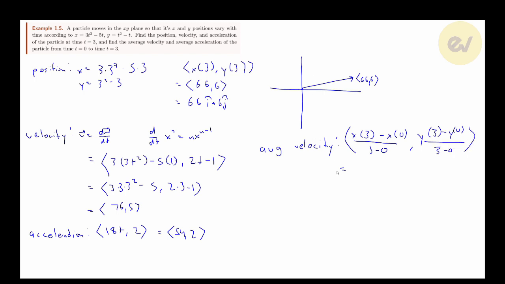If you compute this, which I won't do, I believe you'll get 22, comma 2.